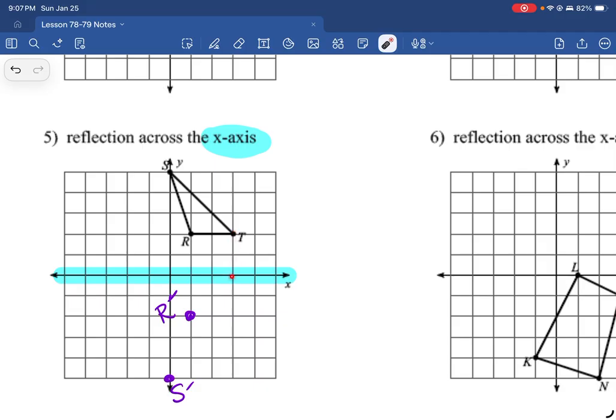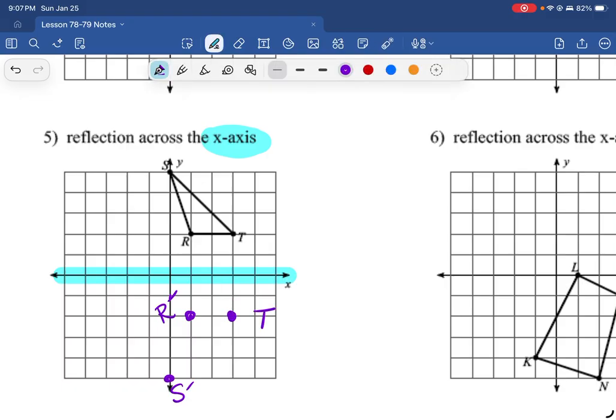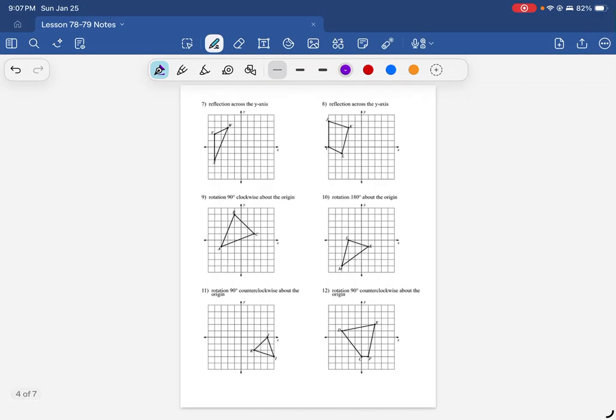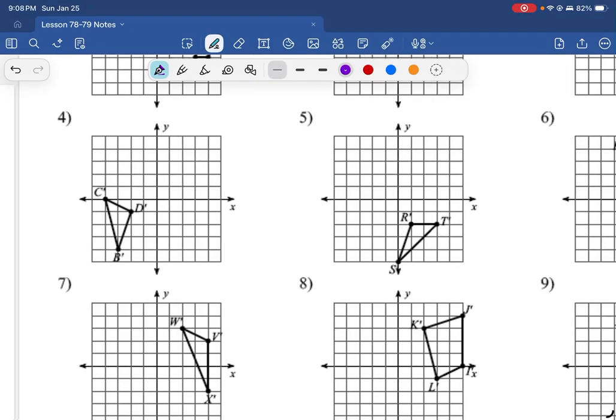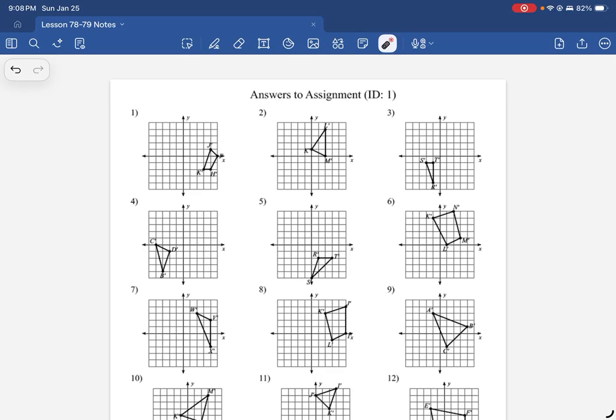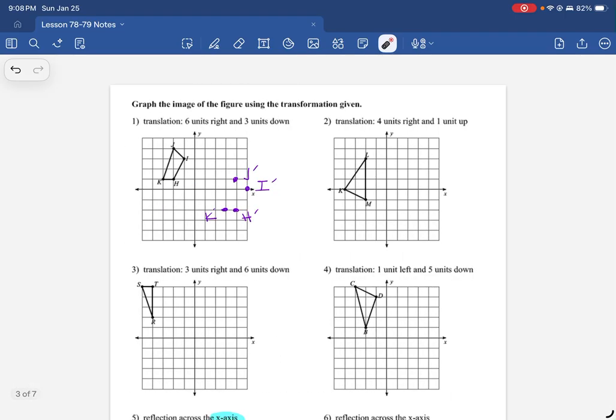Now we'll do B, located at -1, 4. B prime means that we will move the y value up front, and then we'll use the opposite. So 4 comes up front, and then we use the opposite. Instead of -1, we use +1.